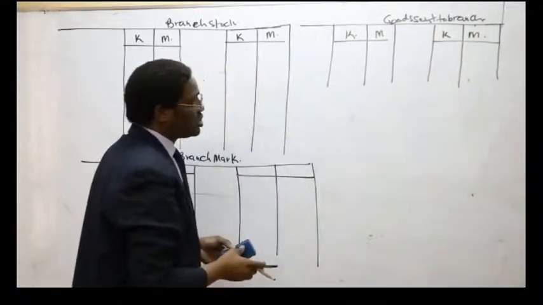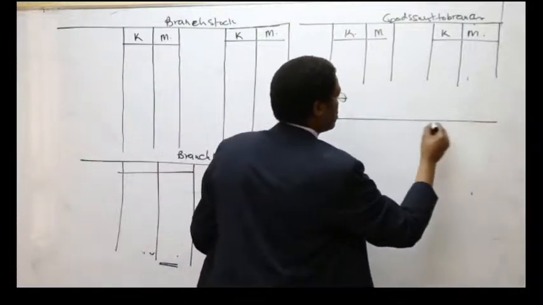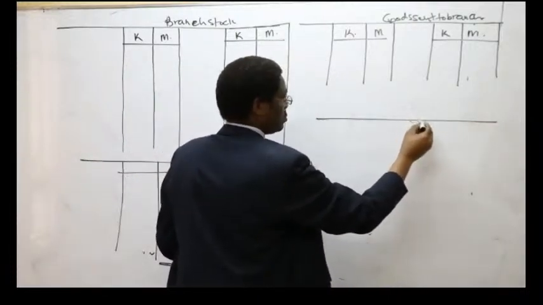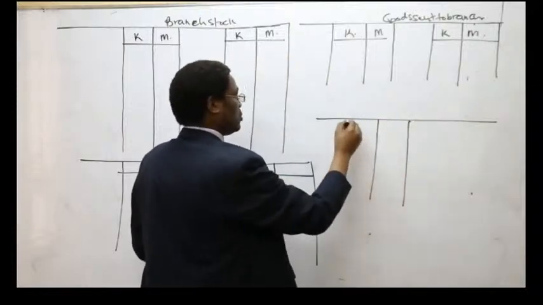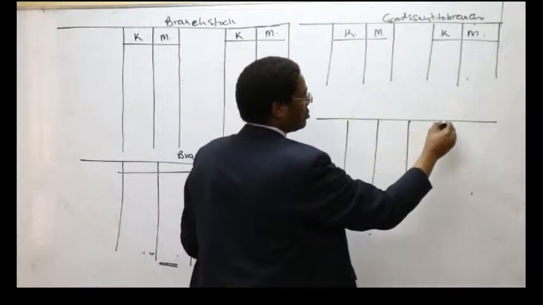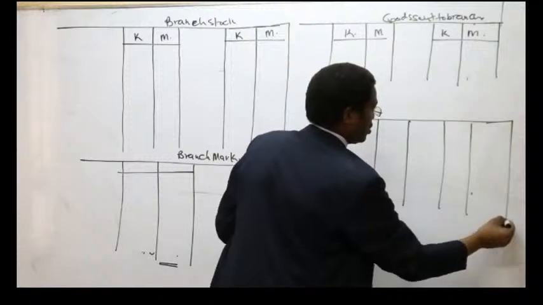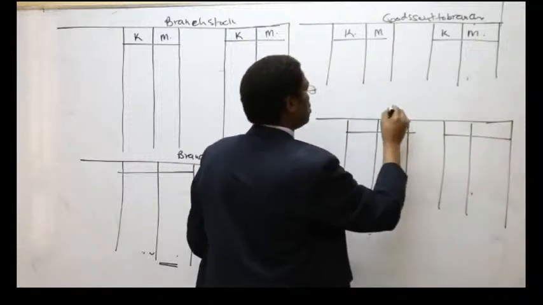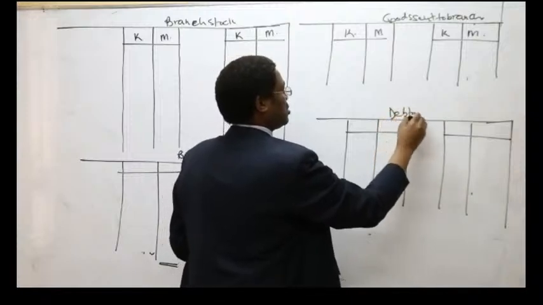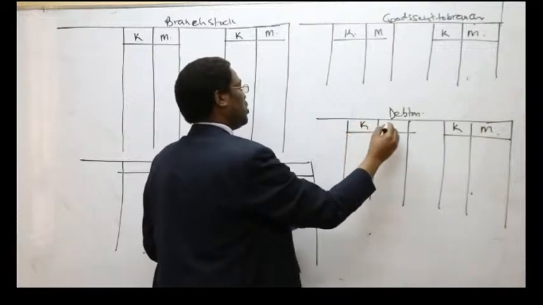The other account they want us to open is an account for debtors. It's not long. This is debtors. Again, Kisumu, Mombasa.